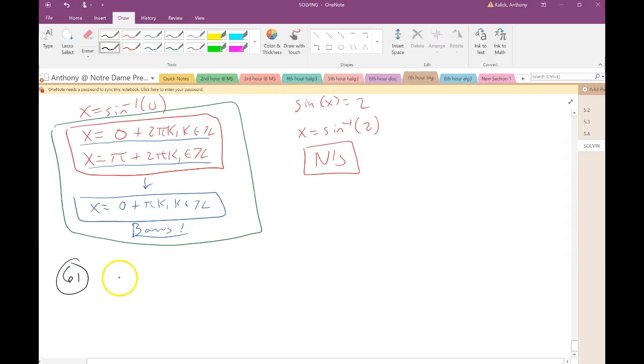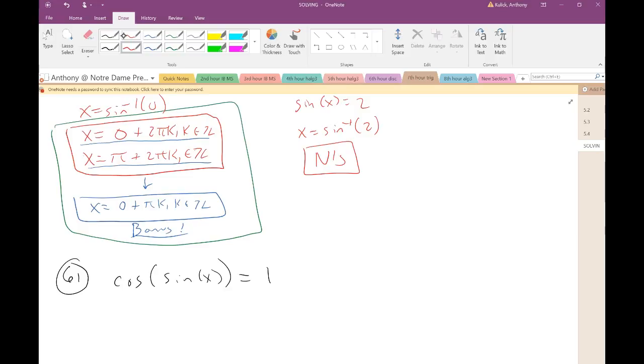And then our last one. Oh, this is tricky. This one says cosine of sine of x equals 1. First thing I've got to do is get rid of that cosine on the outside.